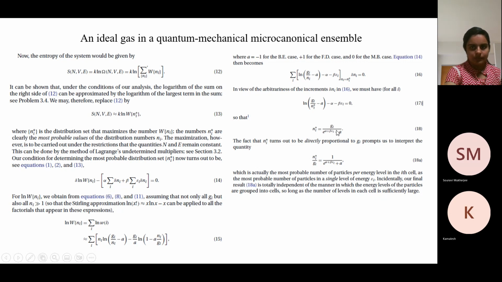So Ni star is the state which corresponds to the most probable value of the distribution, the one which has the maximum number of microstates.